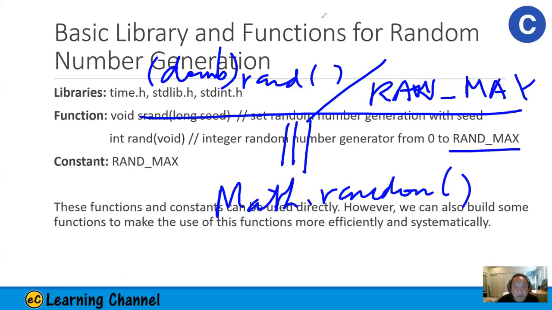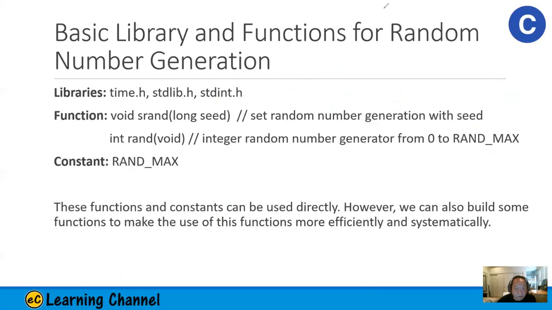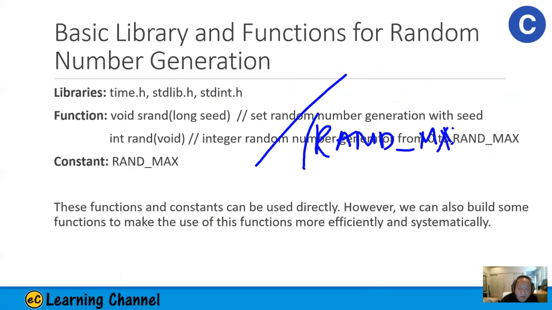It is equivalent to that. Oh, actually, the division is RAND_MAX plus 1, because you cannot be equal to that one. Okay? That will give you 1. Is that okay? You need a plus 1 for that.